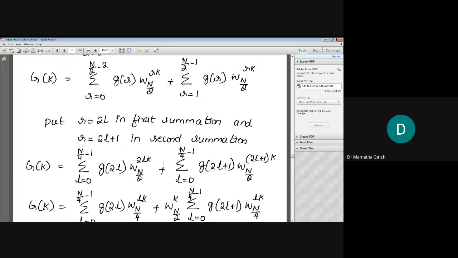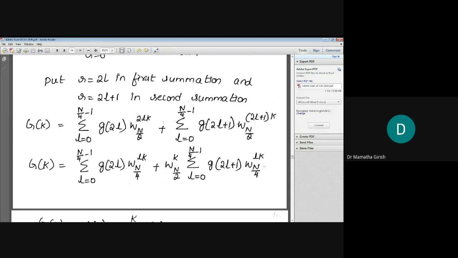Replace r by 2l, replace r by 2l. Same thing over here. These are the indices. r is replaced by 2l plus 1 and 2l plus 1. Please note that again when you bring this 2 to the denominator, it becomes W of N by 4 to the power lk. Same thing, this 2 brought to the denominator, it is W of N by 4 to the power lk.